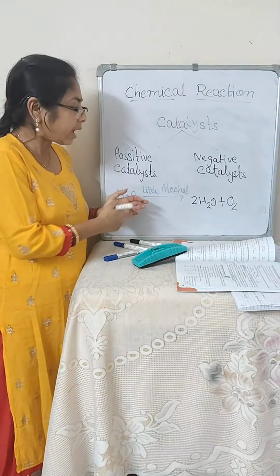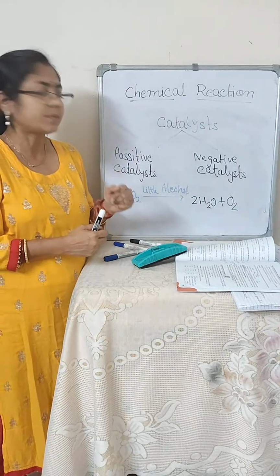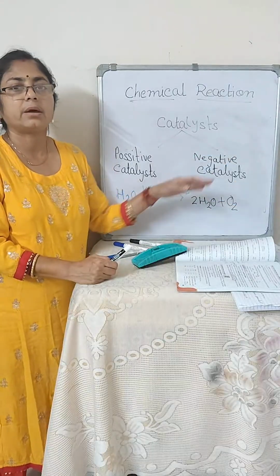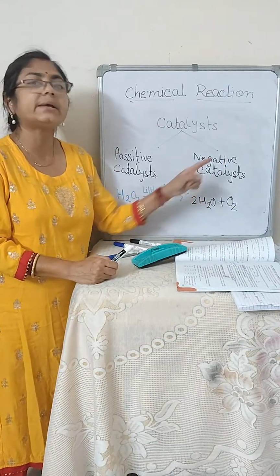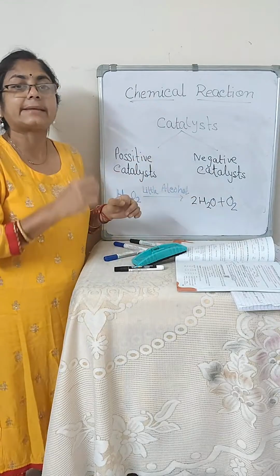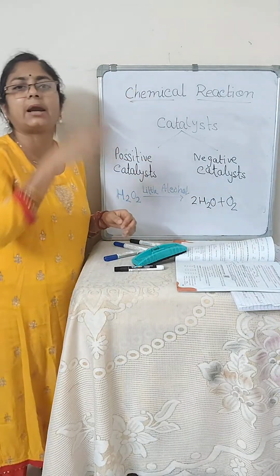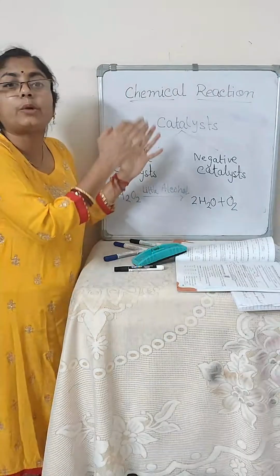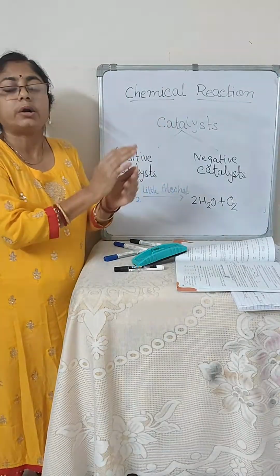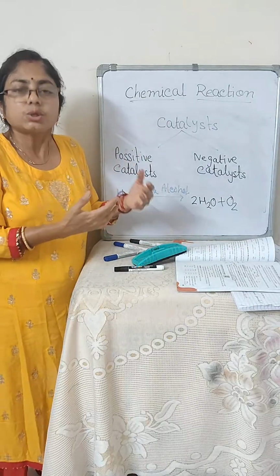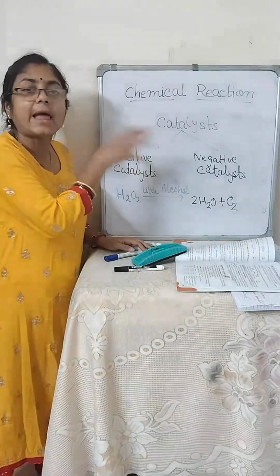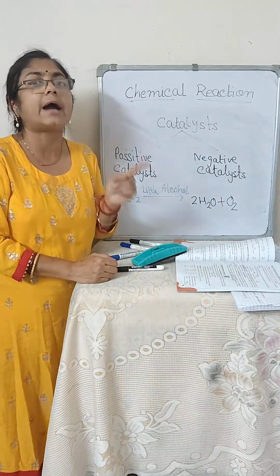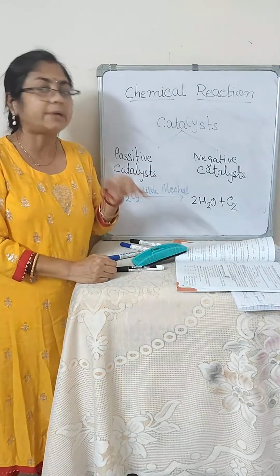It breaks down and prepares two things: one is water and one is oxygen, one compound, one element. But in that case, if you add a little alcohol, the breakdown process slows down. So the little alcohol here is a negative catalyst; it does not start the reaction, does not stop the reaction.